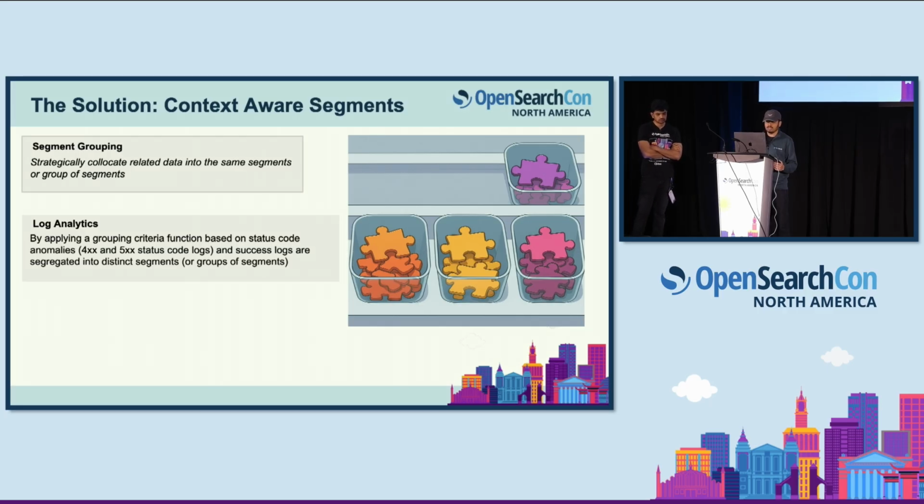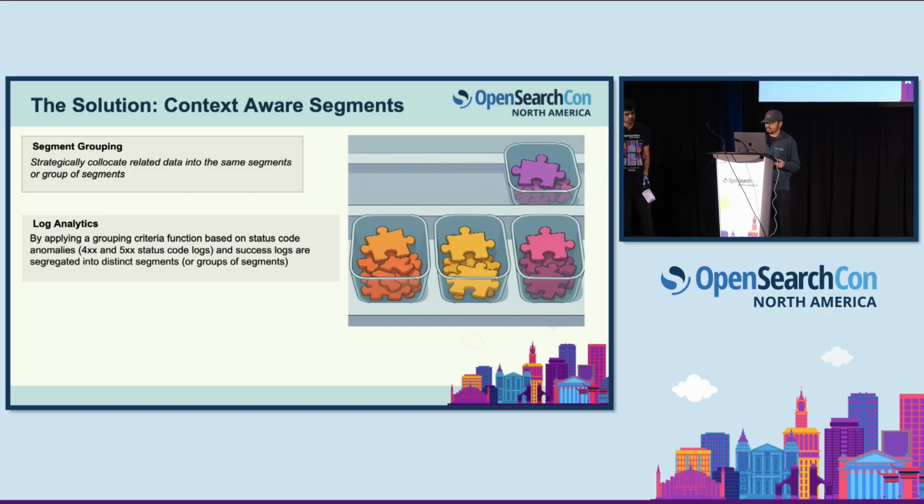The idea behind co-locating data is to align the segment boundaries within a particular shard with the query pattern that we expect on this index. By grouping related data together, we ensure that documents that are frequently queried together always reside in the same set of segments.